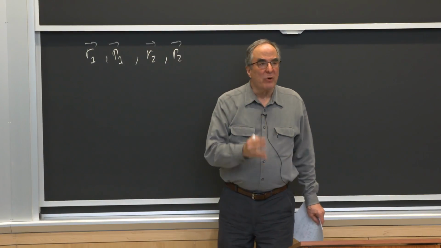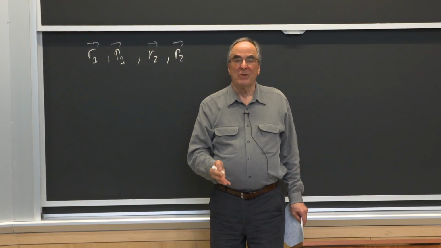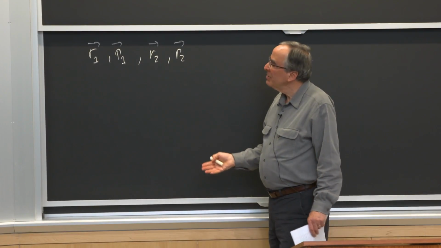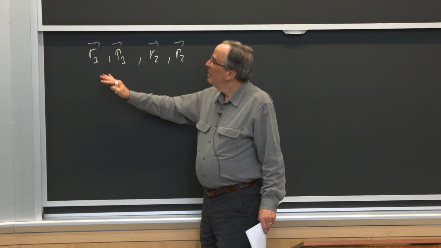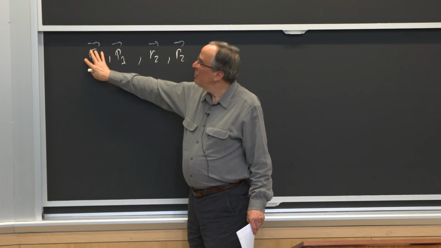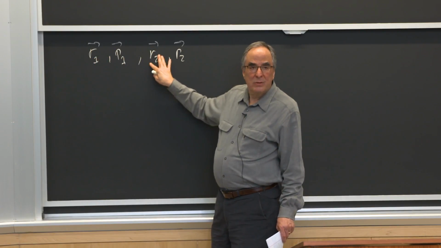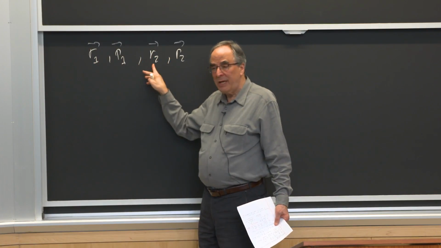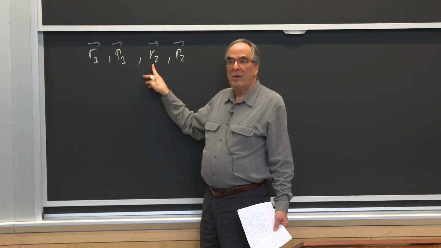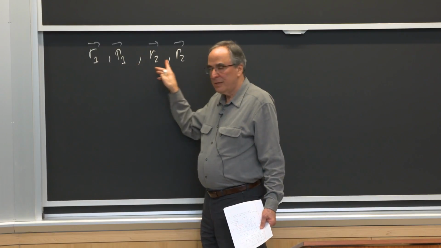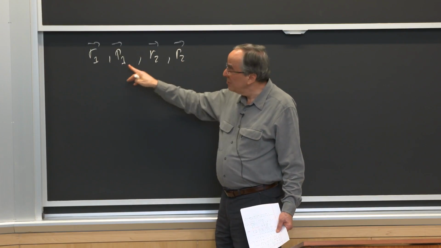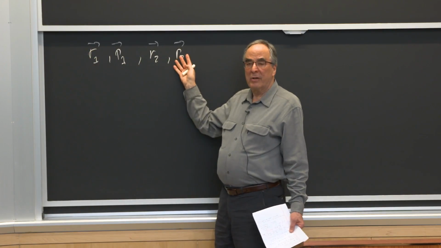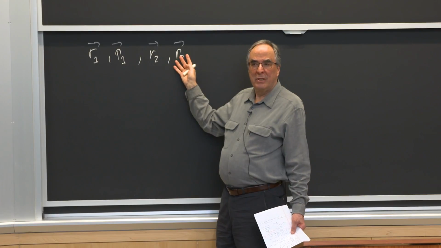And when do we have to worry about commutation or non-commutation? Well, the answer is the coordinates associated with different particles, they contribute to the energy, but there's no problem of commutation. The momenta also commute. The coordinate for particle 1 and the momentum for particle 2, they commute.